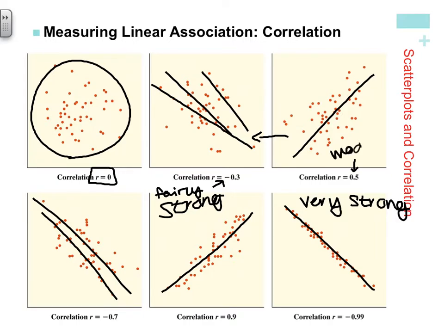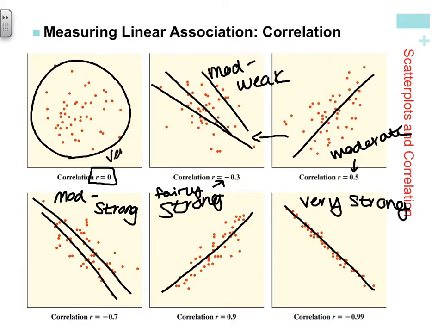Moderately strong. This I would say moderate to weak. This is building up strength, so this one would be moderate to strong. This is a very weak association. Very weak in strength.